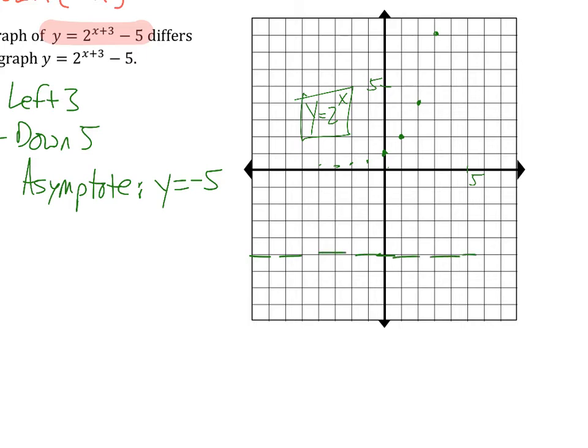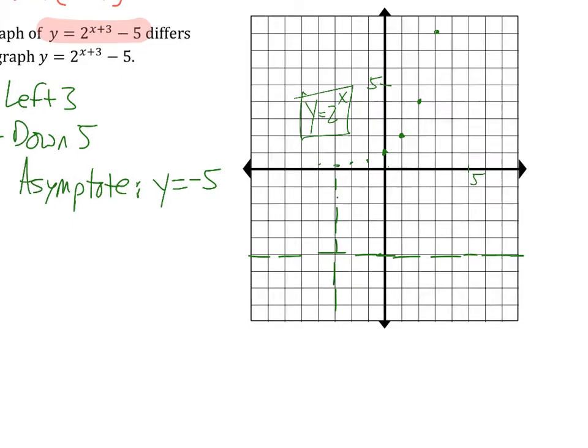So when we're graphing this, this graph was centered on the origin, and everything was related to that origin. What we need to do now is realize that it's moved down 5 and left 3. I'm going to come over here left 3 and put a little vertical line.